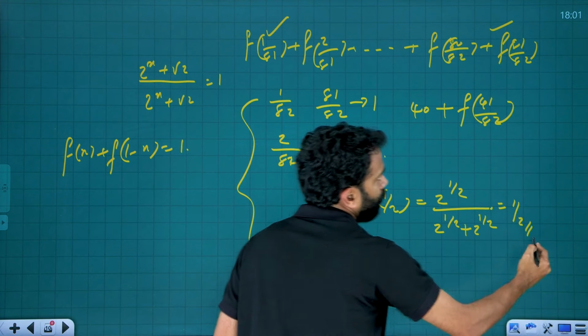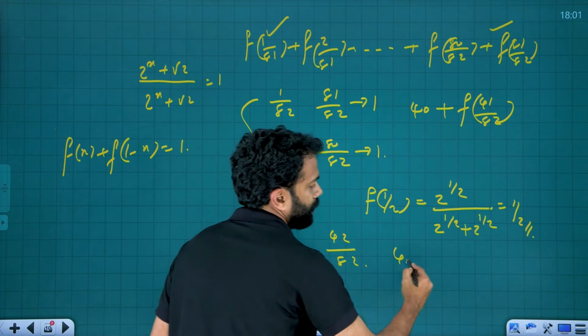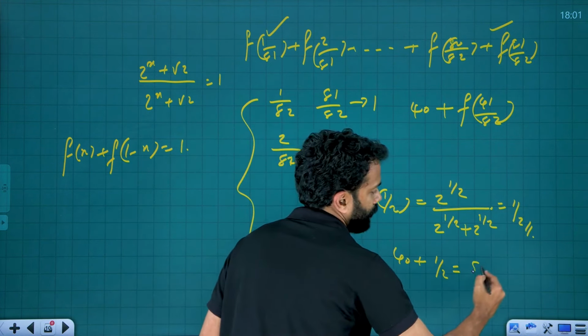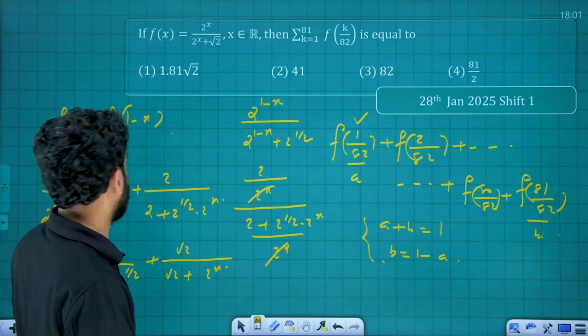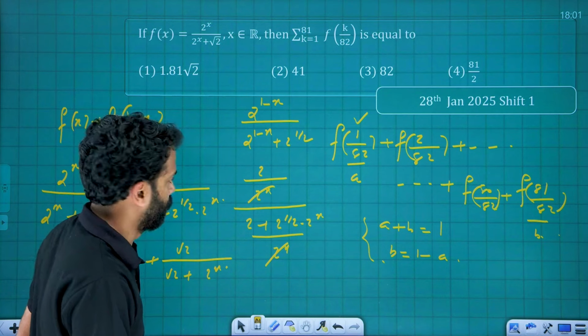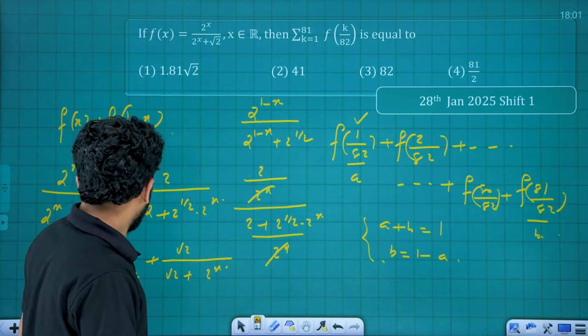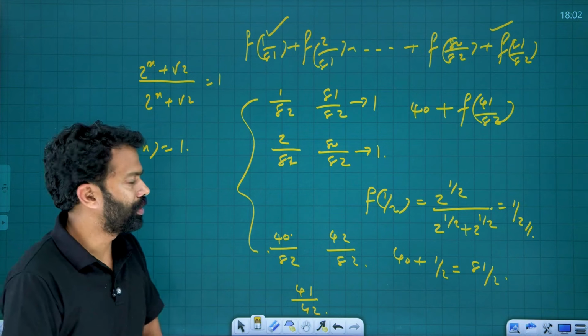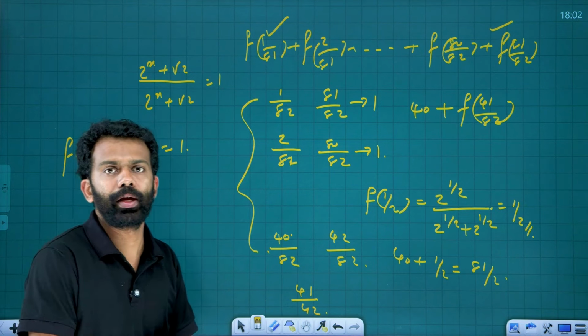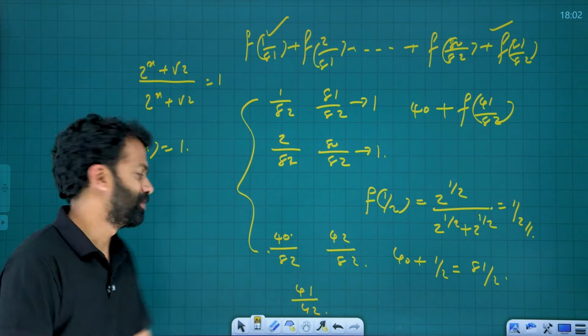Therefore, the answer is what? 1 by 2. So, our net answer is 40 plus 1 by 2, that is 81 by 2. I think option D is the correct one. Yeah, option D is the correct answer. Okay, 81 by 2. I hope you got the idea here. Very basic question and a usual question, a regular question from the PYQs. Okay, and next one.